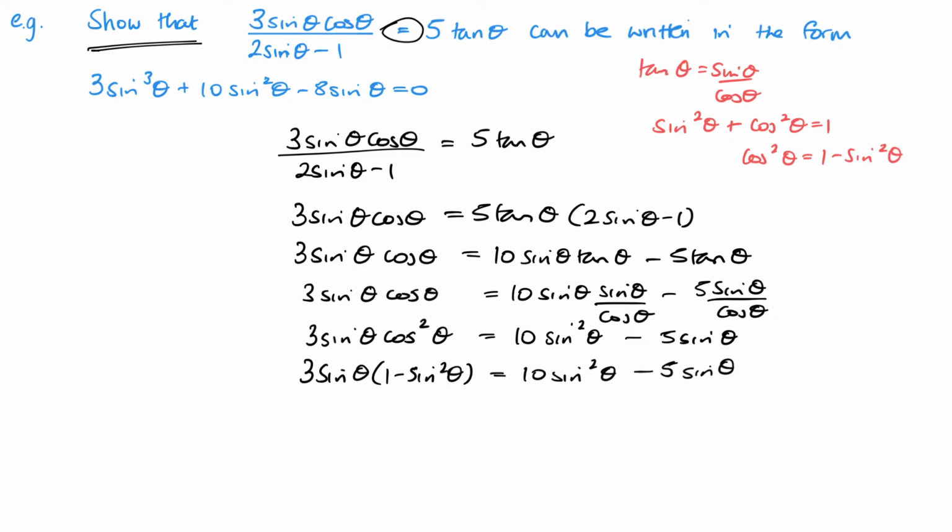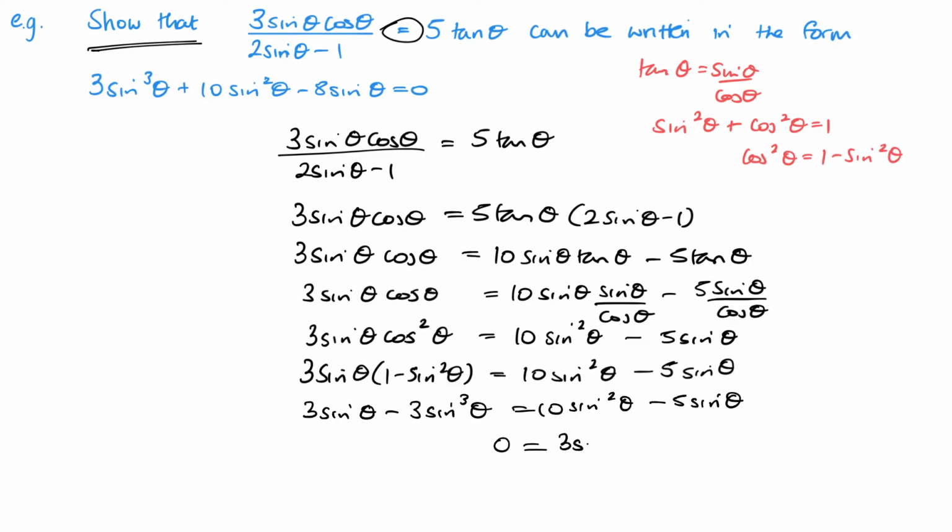Expanding these brackets, I get 3 sine theta minus 3 sine cubed theta equals 10 sine squared theta minus 5 sine theta. We obviously want a positive sine cubed, so let's get every term onto the left.